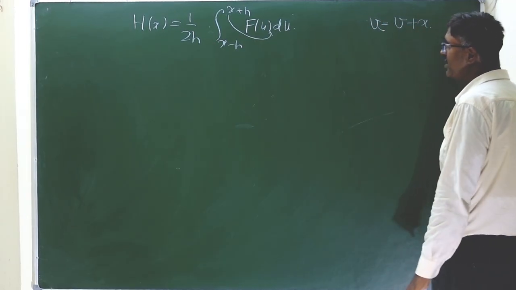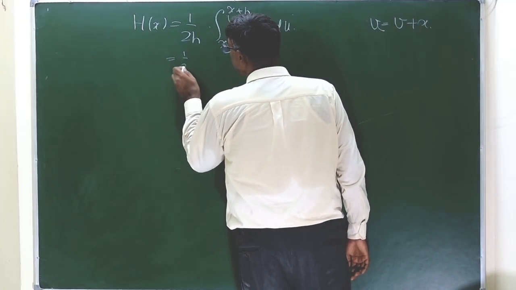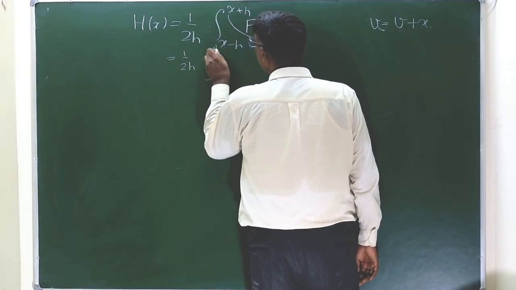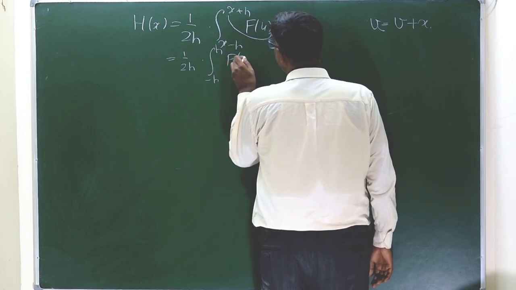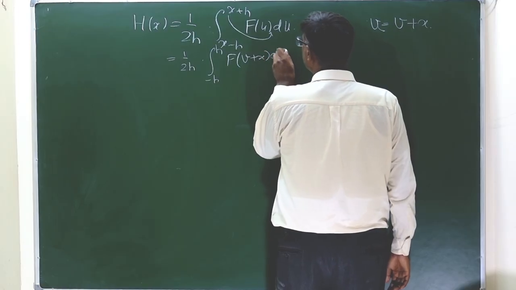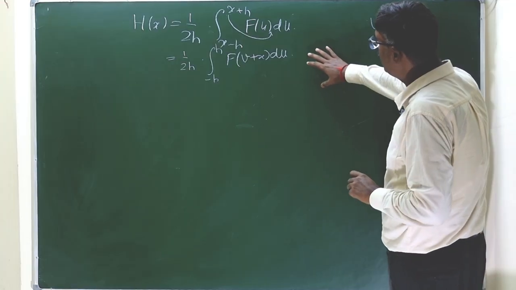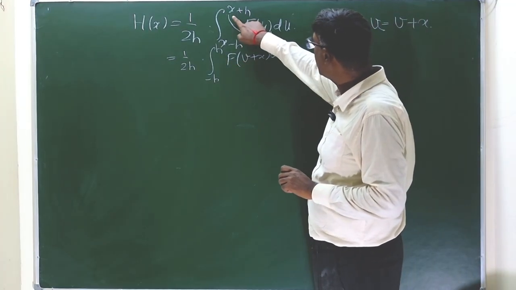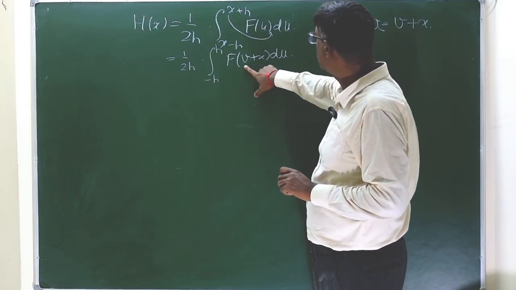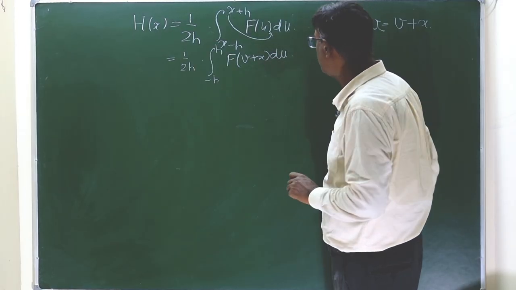What benefit will it yield? It will make the limits independent of x. So now what benefit did I get? I removed x from the limits by substituting u as v plus x.